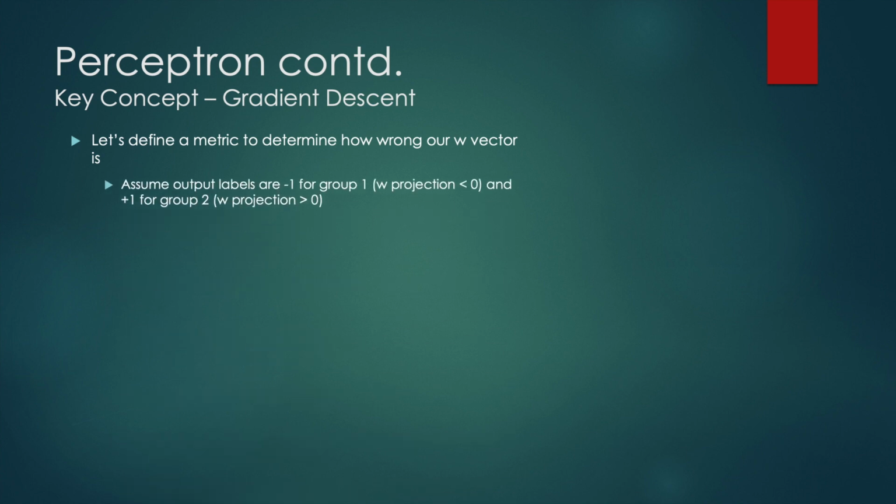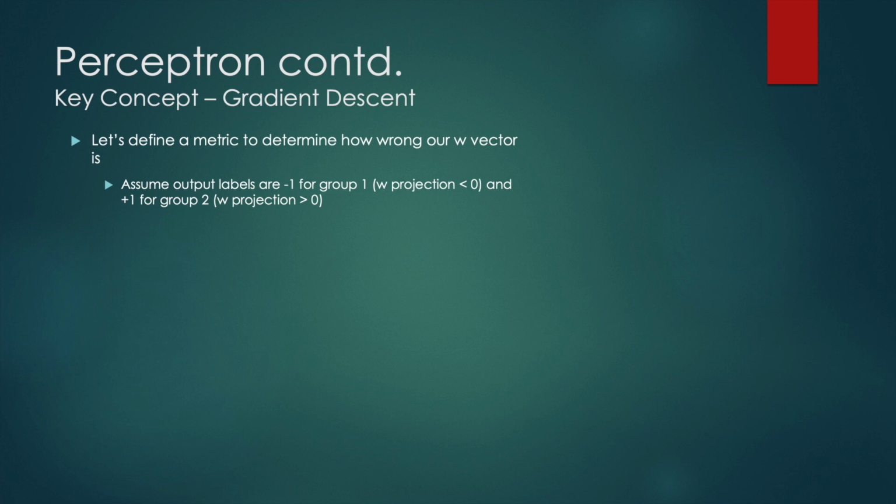So if we assume our output labels are -1 for group 1, so that means the projection with w was less than 0, and +1 for group 2, meaning our projection was greater than 0, then we can define our error function like this.